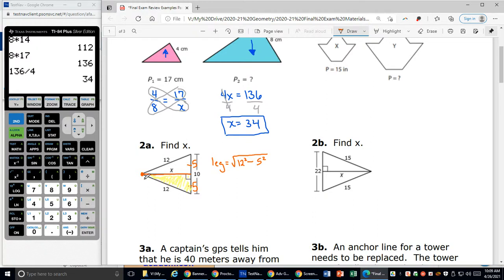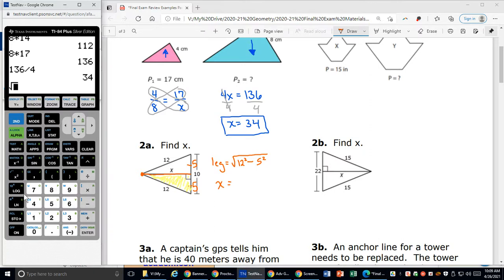So in my calculator, because x is the leg, I just need to do the square root of 12 squared minus 5 squared, and that gives me this long decimal, which I'm going to round to 3 places because I wasn't given further instructions about rounding.